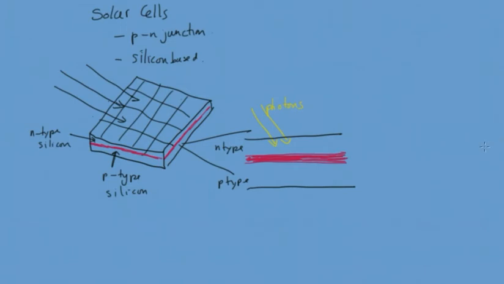So now, what happens is, when the photon is absorbed, electrons are raised from the valence band, thus leaving a hole behind.